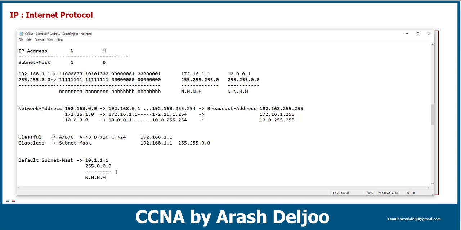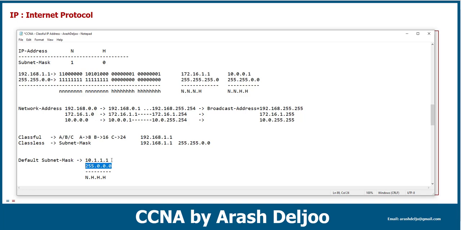You know that here we have the same condition as the classful networks. When you are using addresses in class A, 255.0.0.0 is the default subnet mask.